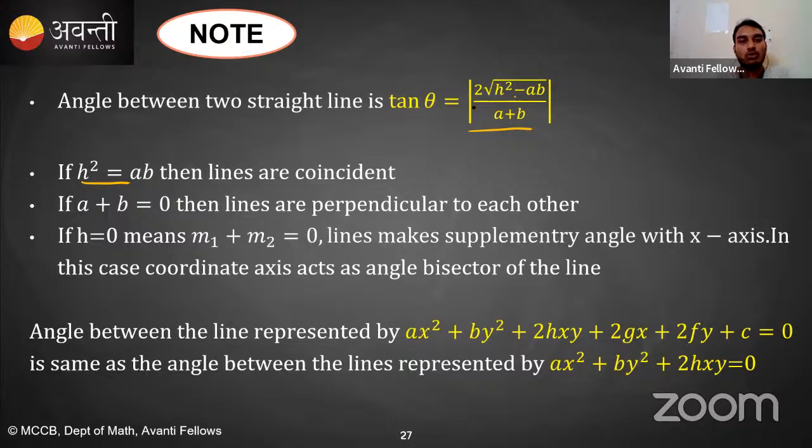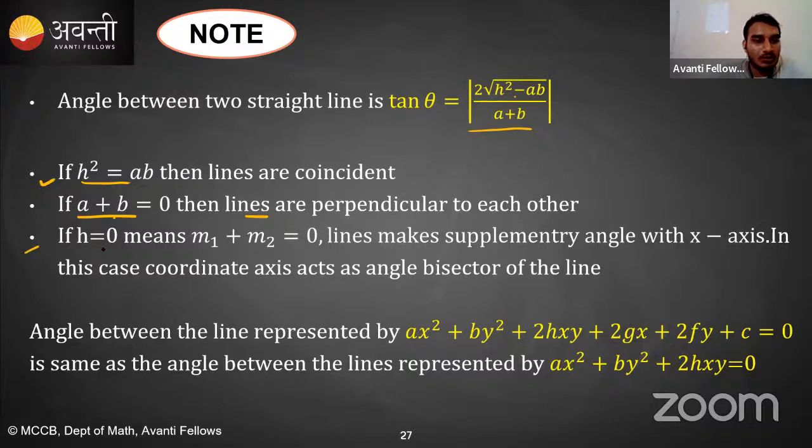It means the angle between those two lines is 0. It means the lines are coincident. Clear? If a plus b is 0, it means tan theta is infinity. It implies theta is pi by 2. It means the angle between the two lines is 90 degrees. So if a plus b is 0, directly you can say that the lines are perpendicular to each other.